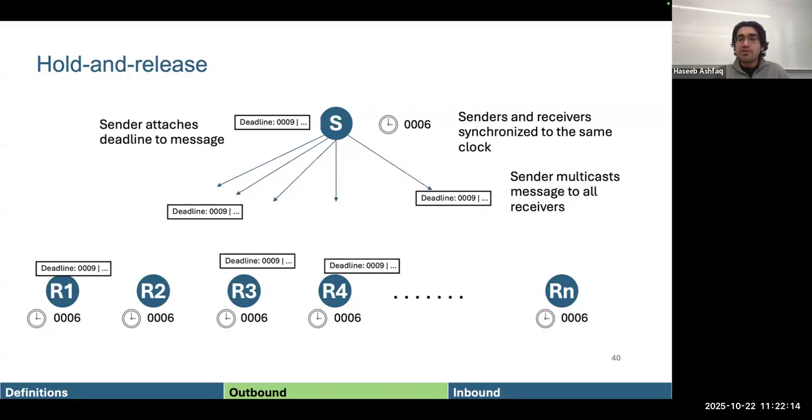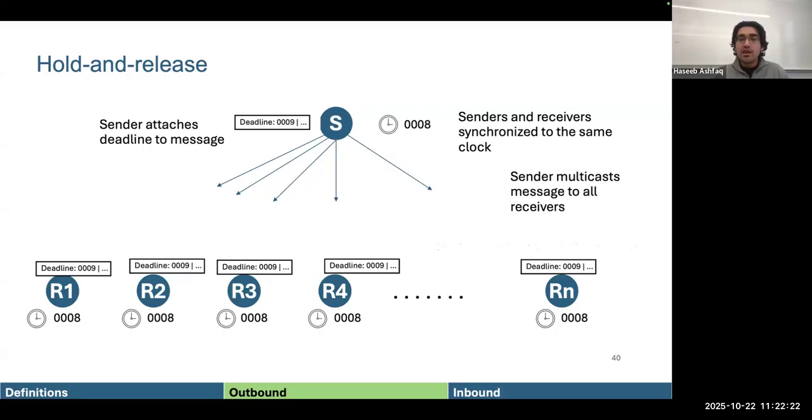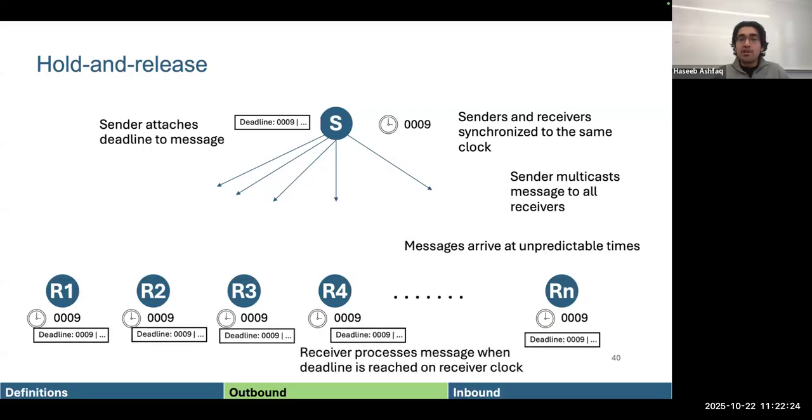The receivers may receive this message at unpredictable times based on the latency between the sender and each receiver. But all these receivers will process the message at or after the deadline, so ideally at the deadline. The deadline is set sufficiently far in the future that all the receivers have received the message.